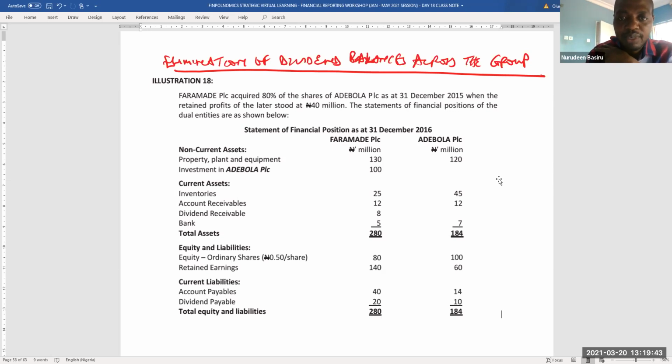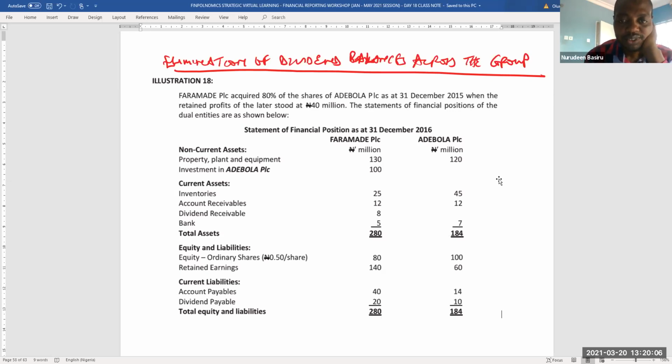Property, plant and equipment, 130 for Paramade, 120 million for Adebayo PLC. Investments in Adebayo PLC, 100 million. Current assets, inventories, 25 million for Paramade PLC and 45 million for Adebayo PLC.